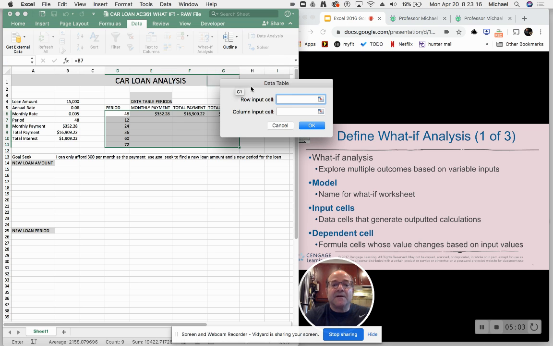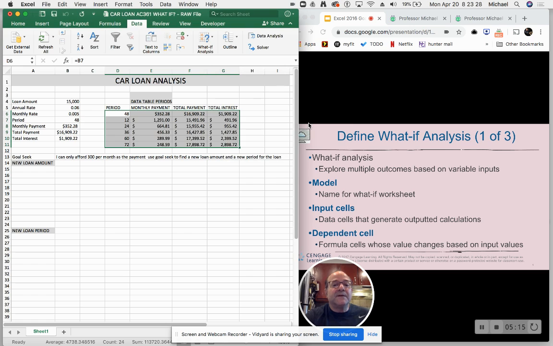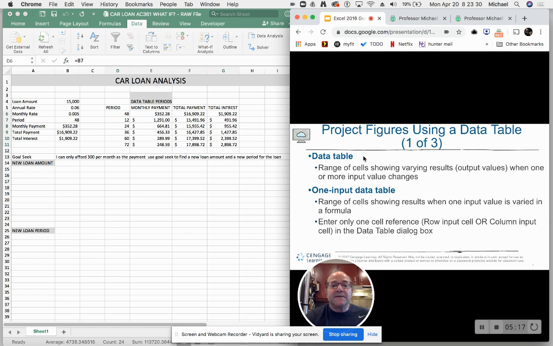Okay, so our data table is based on an input cell, but that's going to be a column input cell, and it's going to be this cell right here, B7. Okay, so there you go.